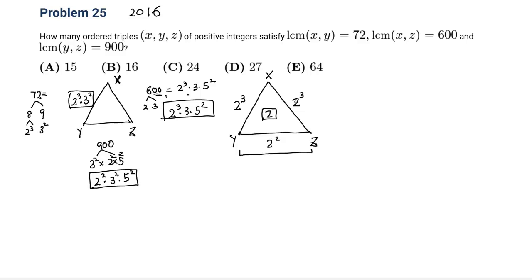So x must have 2 cubed as a factor, because y cannot be 2 cubed. It can be 2 to the 0, 2 to the 1, 2 to the 2, right? They never have a cube. That means this value of x will always be 2 cubed, okay?